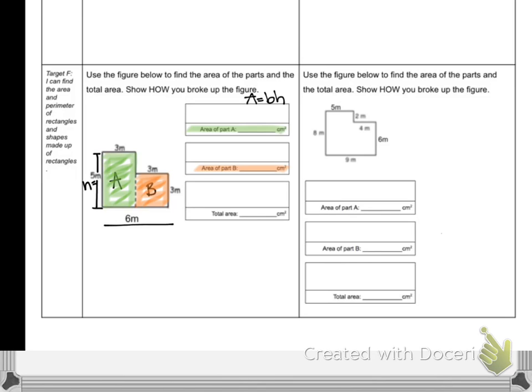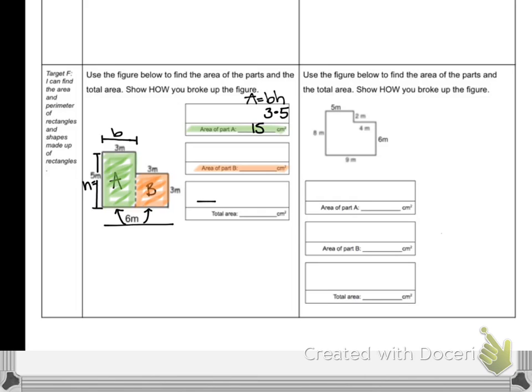The base cannot be 6 because 6 touches both the orange and the green. It's in both rectangles, so 6 is a value we are not going to use. If I look at the other side, 3 touches only the green, so 3 must be my base. If I look at the formula, I'm going to substitute 3 multiplied by 5, which is going to give me an area of 15.